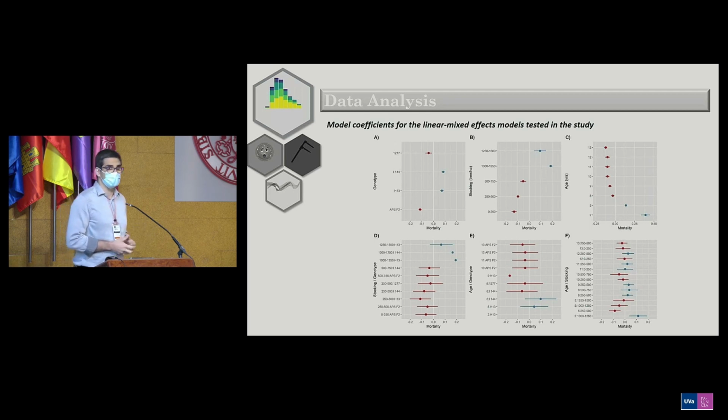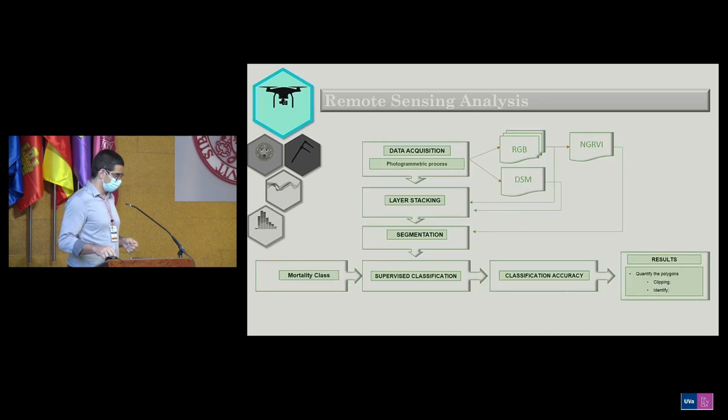Some clones were more susceptible to dying, the higher the density, the higher the mortality, and the youngest trees were also more susceptible to dying. And when we added some random effects to this, it showed the same results.